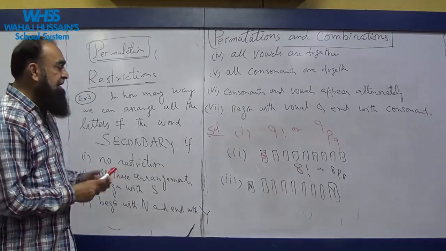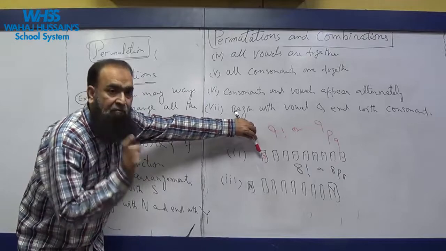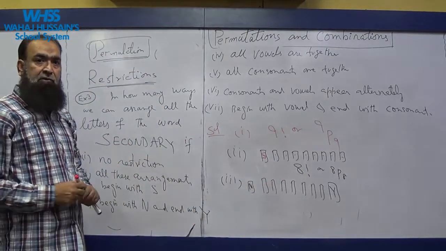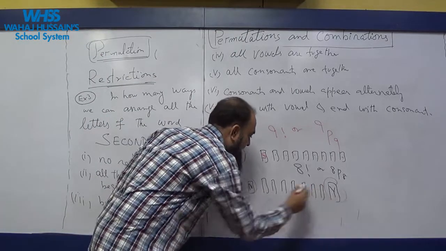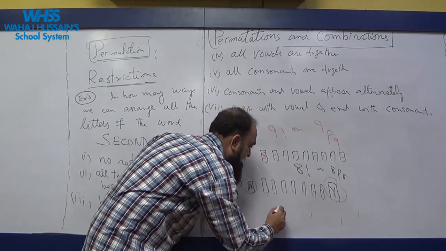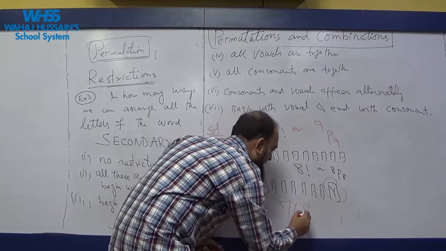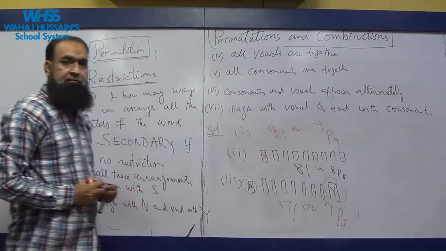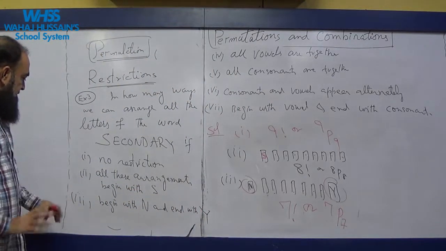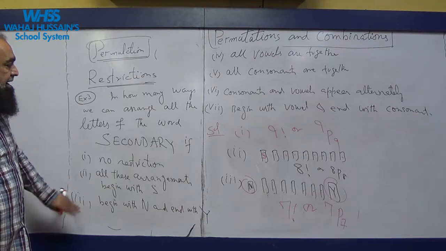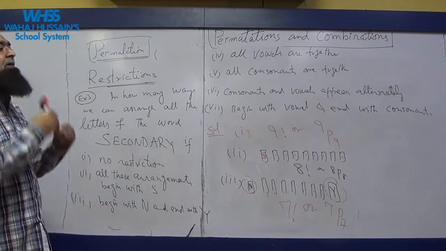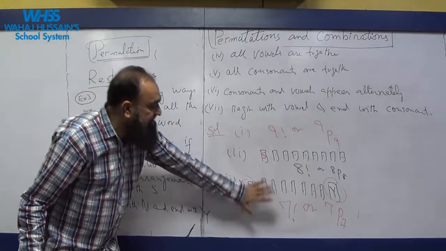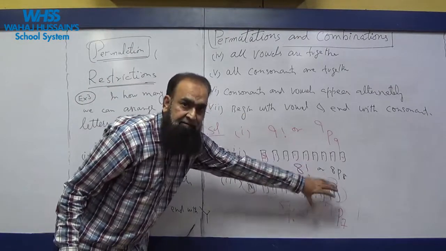You can clearly see that it is similar to part 2. Here we fixed 1 object, and now we are fixing 2 objects which cannot move. So how many objects can move? 1, 2, 3, 4, 5, 6, 7. 7 factorial or 7P7. That clear? So this is the third part. I repeat, when we are fixing objects, we are reducing the numbers: 9 becomes 8, 9 becomes 7 because we are fixing two objects.